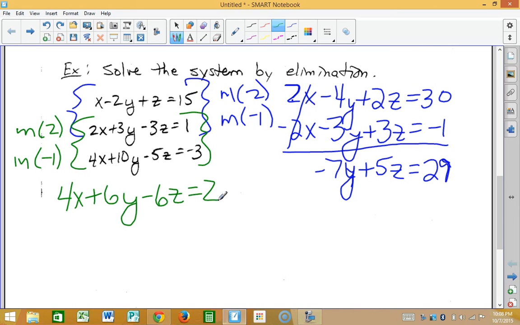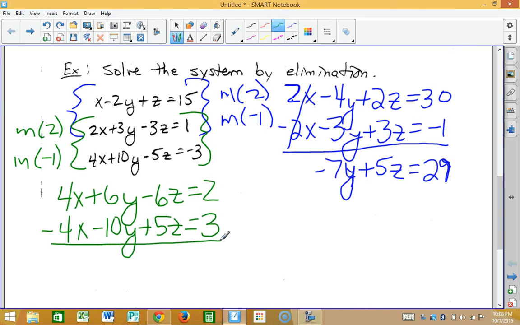And we multiply by negative 1 here. We get negative 4x minus 10y plus 5z equals 3. Adding those up, again, the x's are gone. We get negative 4y minus z equals 5.